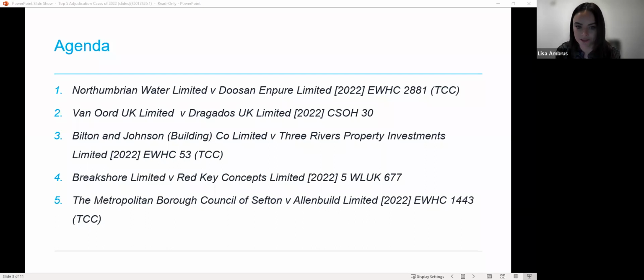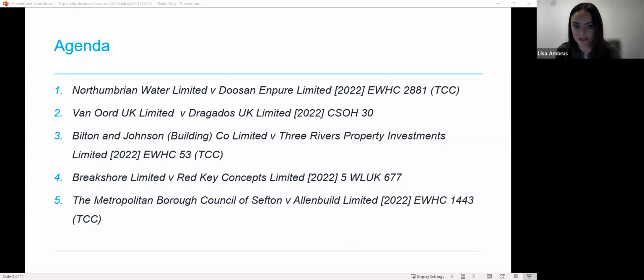The third case we will discuss is Bilton and Johnson Building Co Limited against Three Rivers Property Investments, which decided whether an adjudicator is entitled to make a decision which is derived from party submissions, even though not identical to what was submitted. Our fourth case is Reakshore against Red Key Concepts.